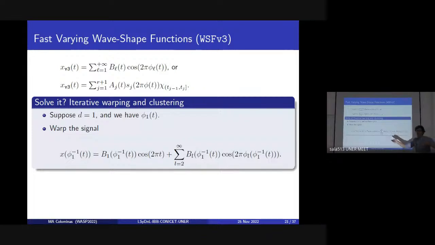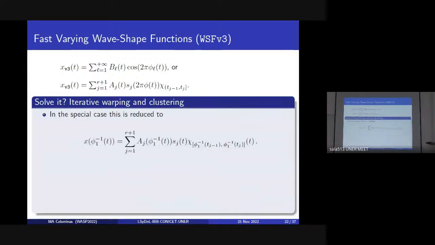Here we are not multiplying the signal by a complex exponential with the phase. No, we are evaluating the recorded signal on an estimation of the inverse function of the phase.